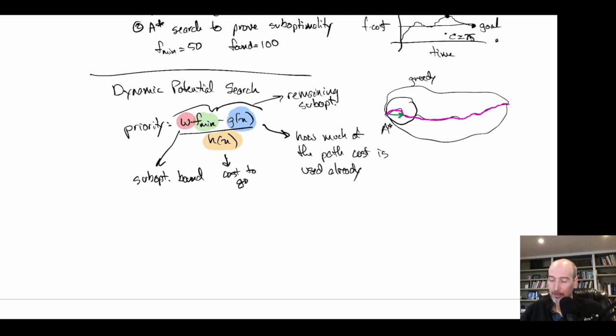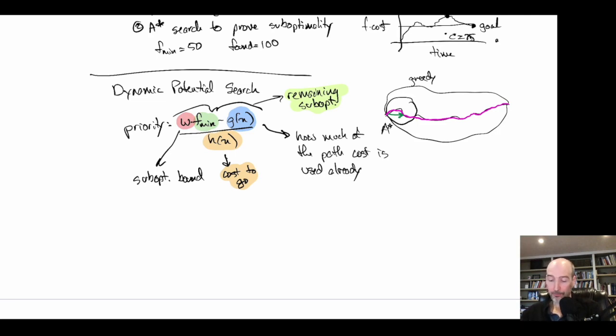And so what's happening here is we're looking at how much suboptimality we have, just to highlight this up here. So this is the suboptimality that I have remaining divided by the cost I have to go. Okay, so this is a measurement of potential. If I have 100 suboptimality remaining and my heuristic says I'm going to have to use 100 to get to the goal minimum, then I've got a very low priority.